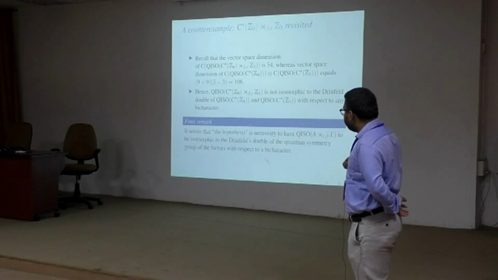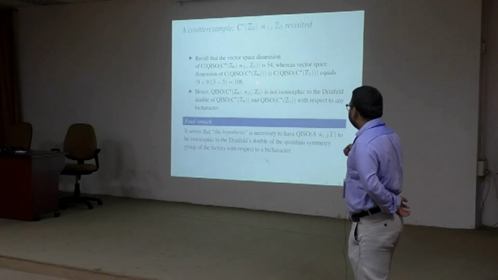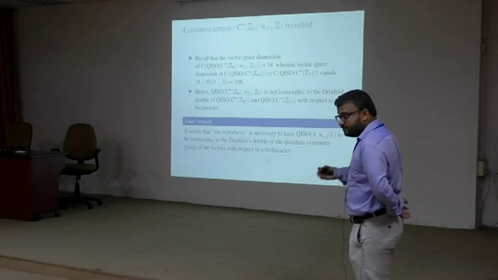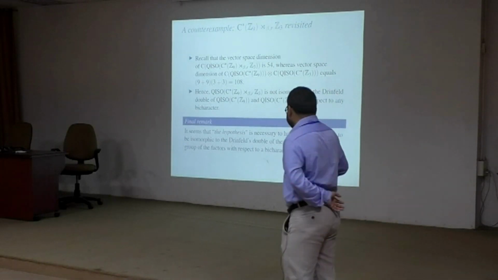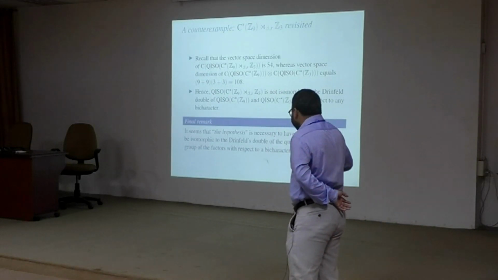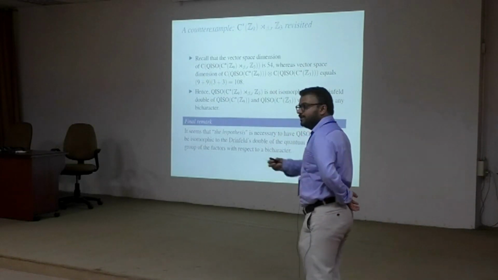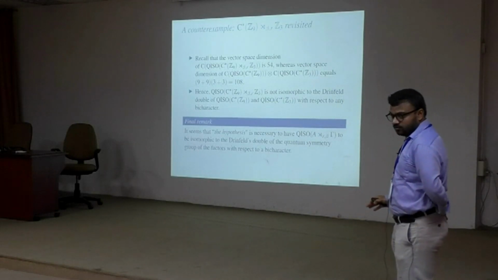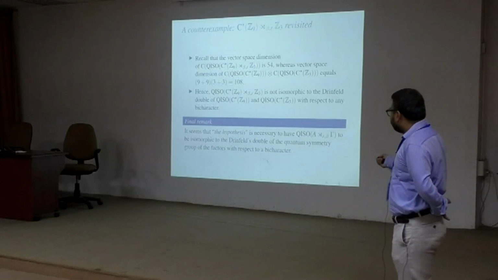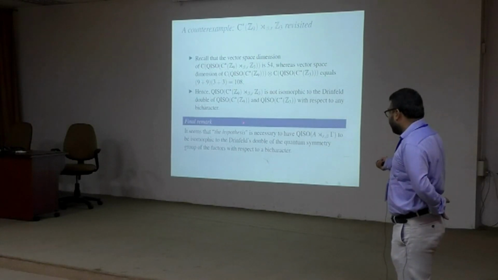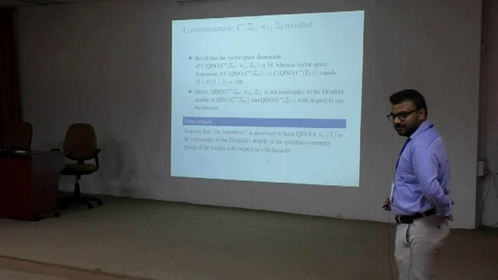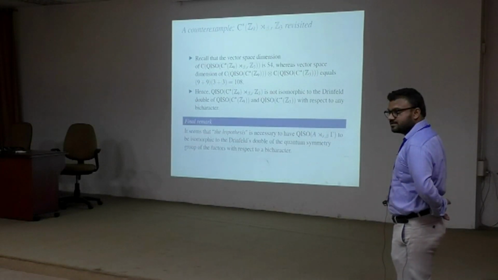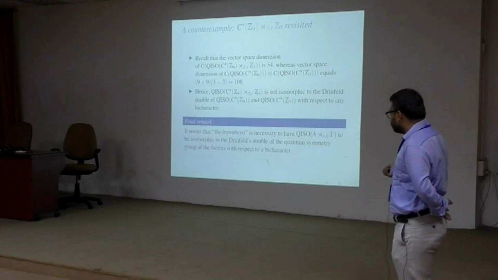In this context the hypothesis is not met and we have this dimension drop. So this suggests that probably the hypothesis we put is necessary, but we don't know, because we have only one counterexample, and we don't know whether this is necessary and sufficient.